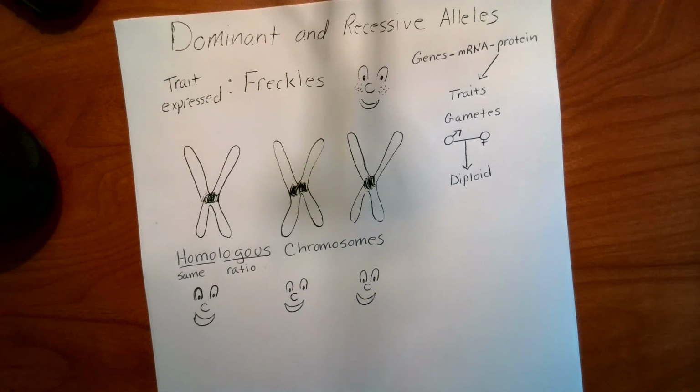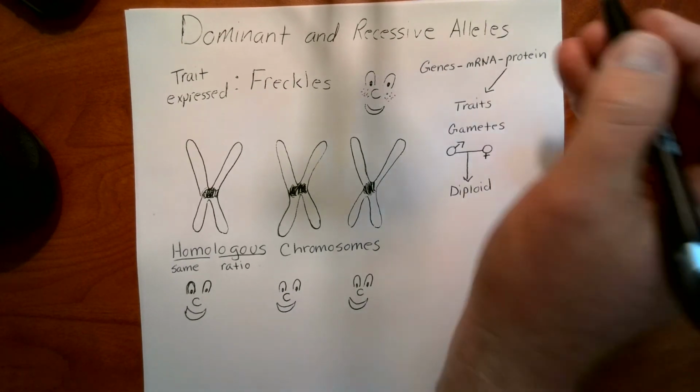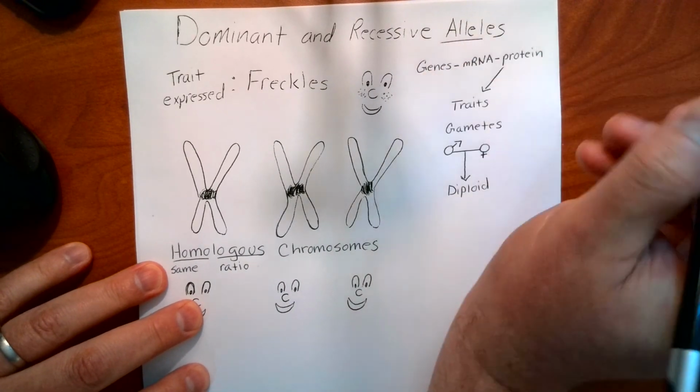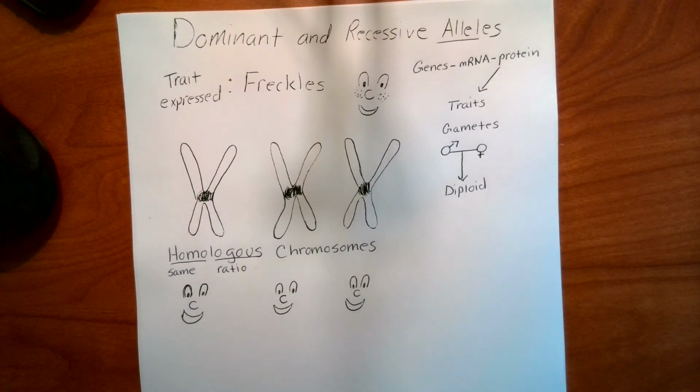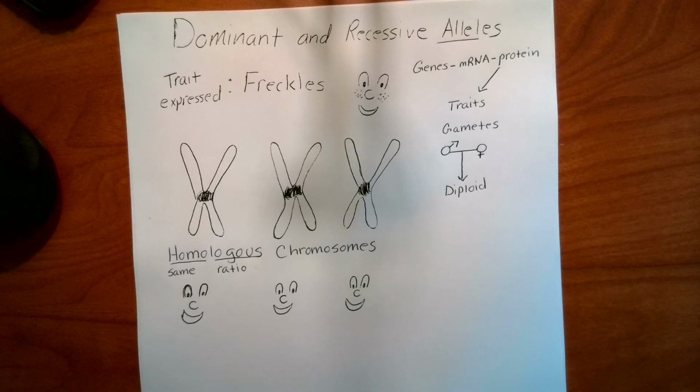And on these chromosomes, we have genes. And this is where we get to this word allele. Okay, and an allele is different versions of the same gene. And the example of a gene that we're going to use is freckles. So a person can inherit a gene from both parents, so they have two versions of this gene.